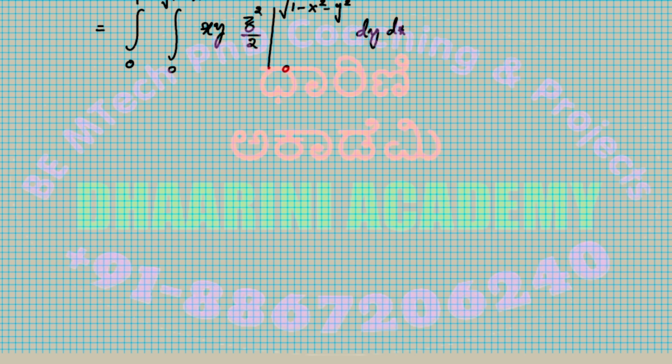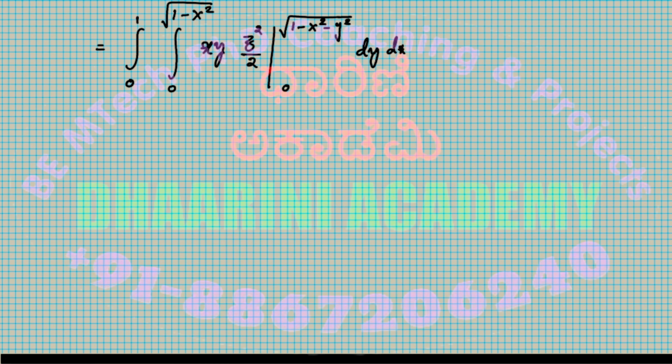Okay. Now I'll substitute this. So this is integral 0 to 1, integral 0 to root of 1 minus x square, right? When I substitute, let's write the xy as it is. Then when I square and substitute, this becomes simply 1 minus x square minus y square, minus z becomes 0.